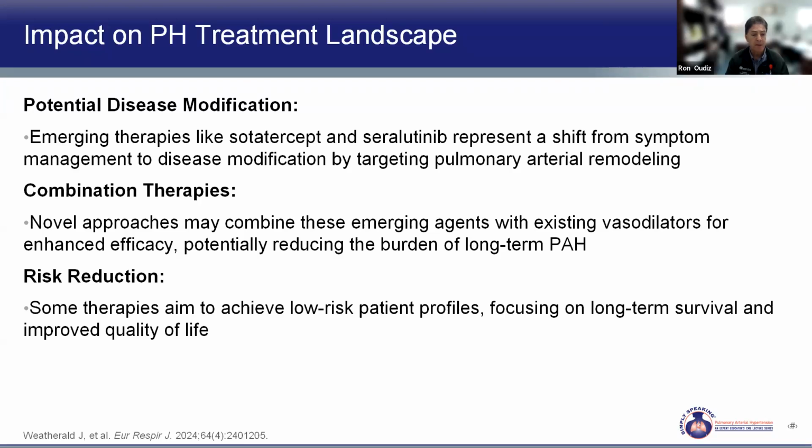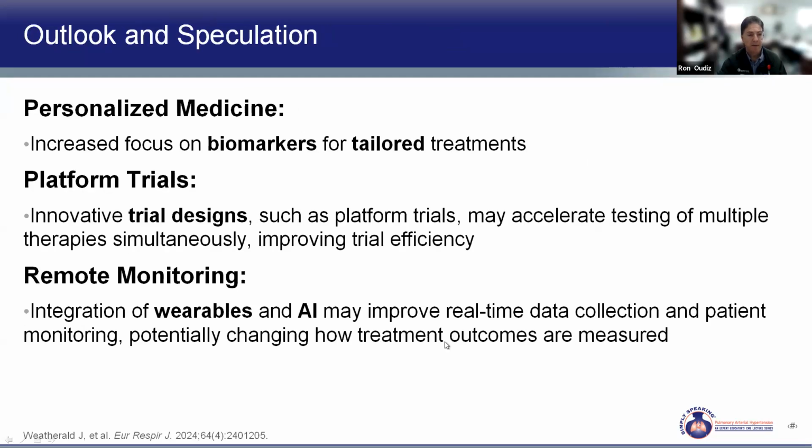Some therapies aim to achieve low-risk profiles, study designs, if you will, that focus on achieving low risk rather than necessarily just dropping PVR or just increasing 6-minute walk tests. And of course, quality of life is important for our patients. And from the patient perspective, quality of life is a big focus.